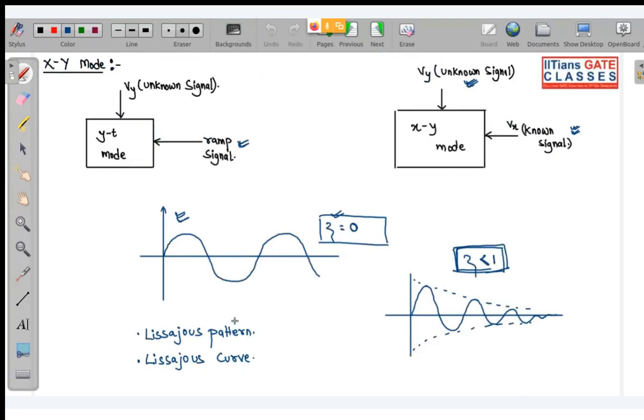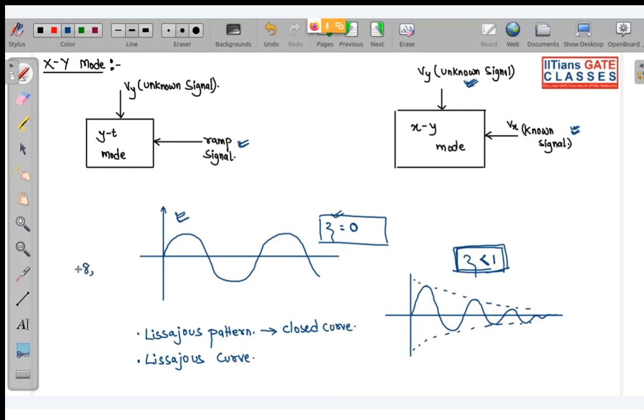So Lissajous pattern is always a closed curve. Closed curve means you can draw this curve with a single stroke of your pen, something like this, 8. It means there is no repetition.